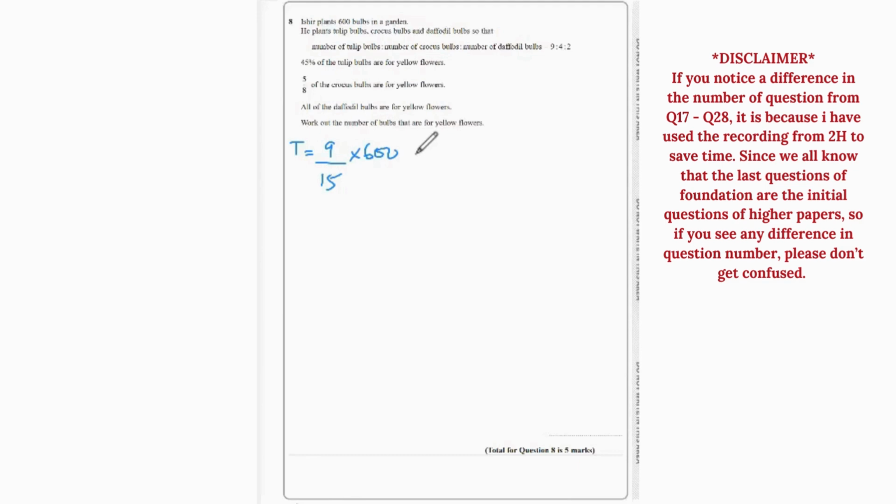Hence for tulip it is 9 over 15 times 600, which gives us a value of 360. So we have 360 tulips. Then for crocus, that's going to be 4 over 15 times 600, which is going to be 160. And for daffodils, that's 2 over 15 times 600. That's 80. So these are the number of bulbs for tulips, crocus, and daffodils.